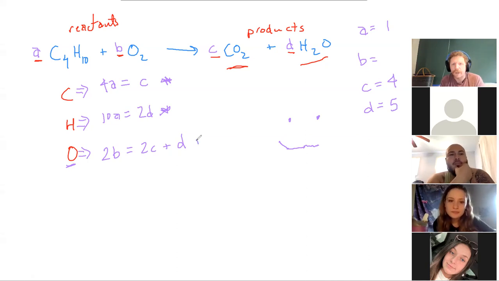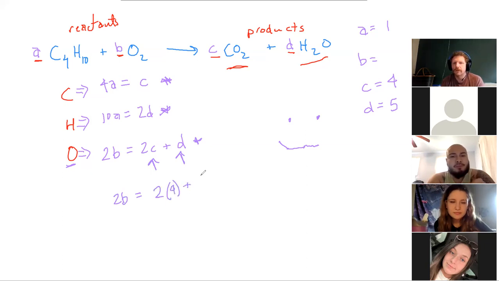Our last equation, 2B is equal to 2C plus D. We don't know the value for B, but we know the value for C. We know the value for D. We just generated those. So we can say 2B is equal to 2 times 4 plus 5.